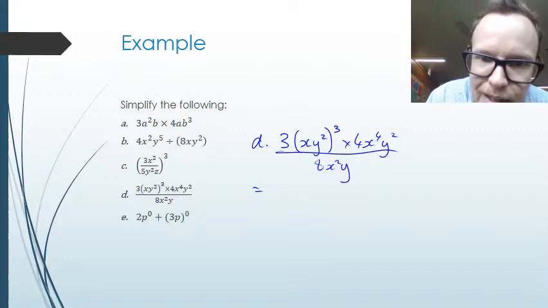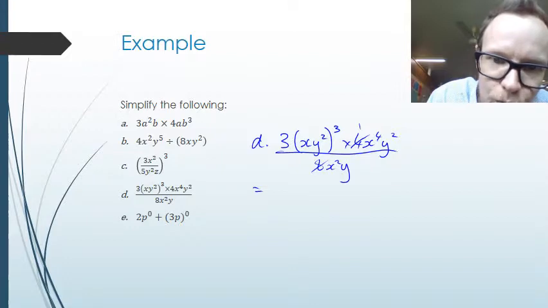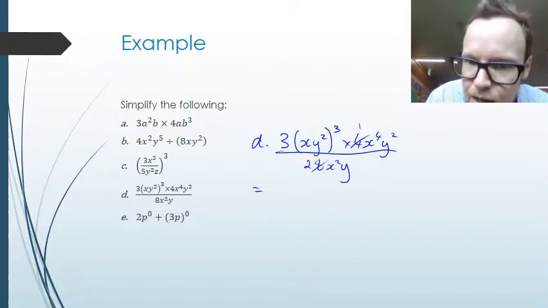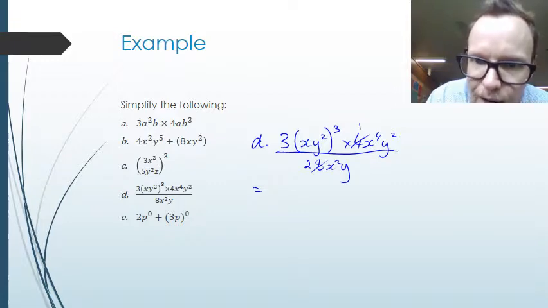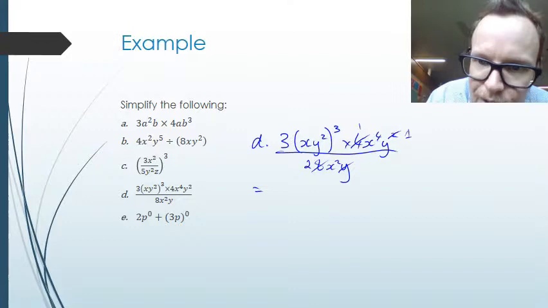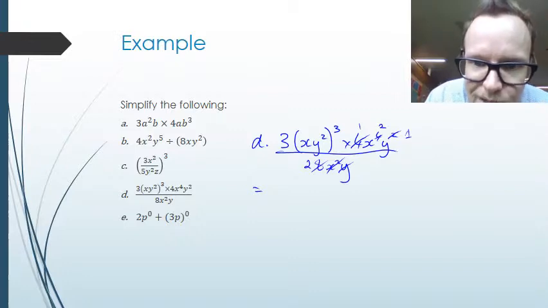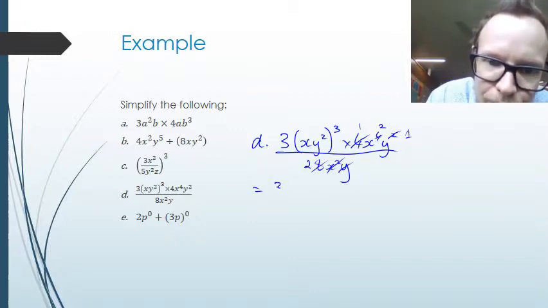I'm going to look at the 8 here and the 4 here and make this 1 and 2. I'm going to simplify the y here and make that 1, because that's y2 minus y1. I'm going to simplify the x squared here and remove 2 of those ones, because 2 of those will cancel as well.